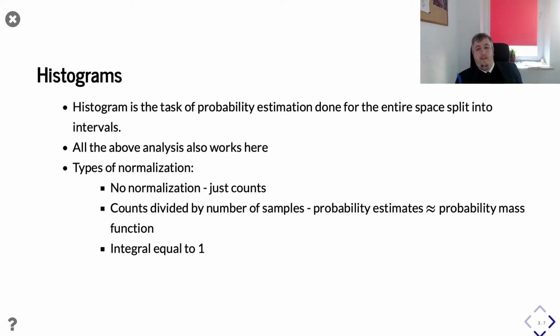That gives us a probability mass function approximating our probability distribution, so a discrete distribution where the only possible events are a sample belonging to a certain interval. Or we can normalize it in a way that the integral of the histogram, considered as a continuous function, integrates to 1.